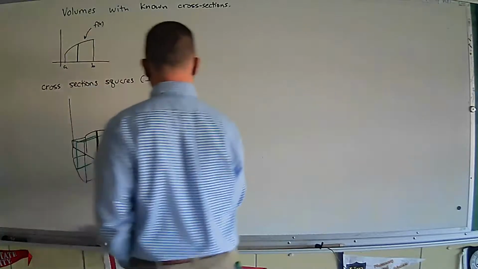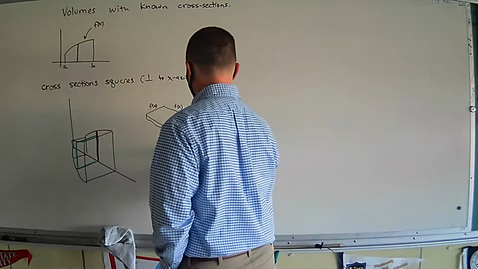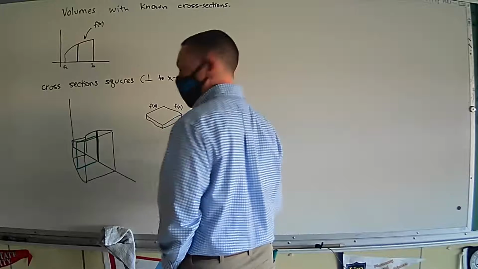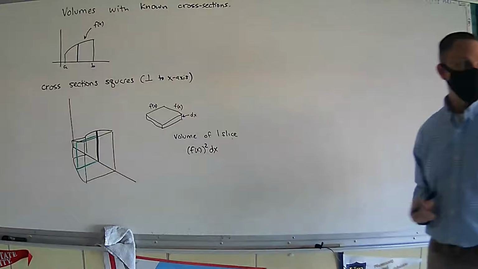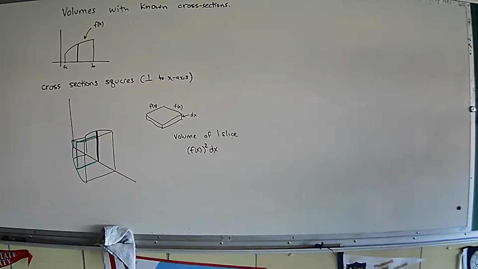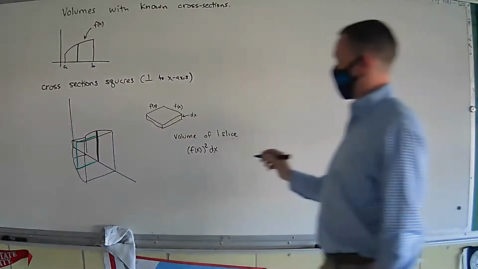It's going to be f of x squared times dx, right? So what does that represent? That represents the volume of any one of those slices for some particular value of x. How do I find the total volume?